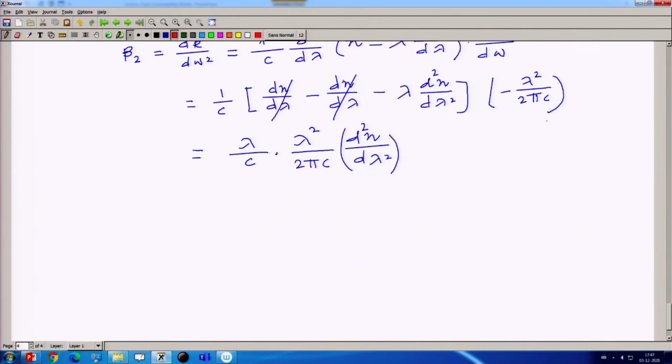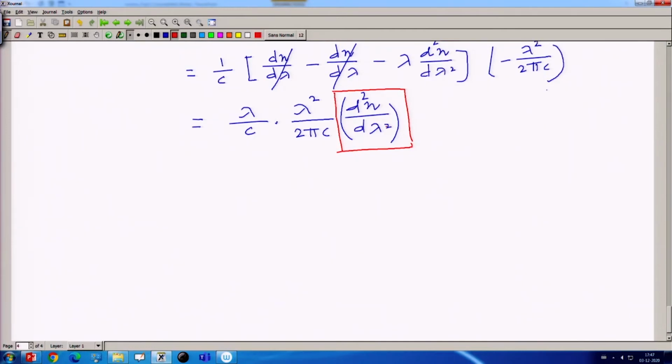Also, in the calculation of beta 2, I have the same factor sitting here. So, the calculation of d2n d lambda square is very important in calculating the dispersion values.